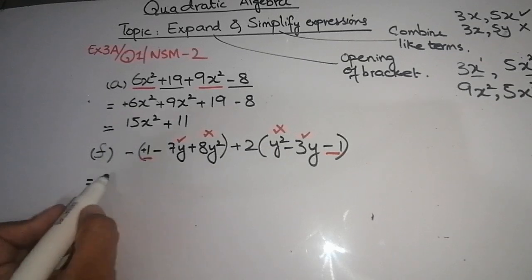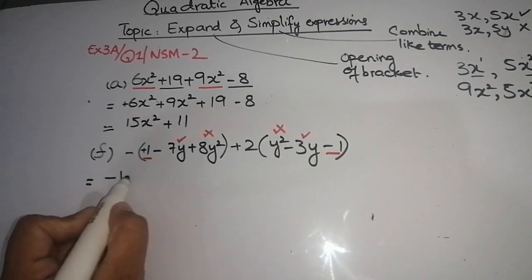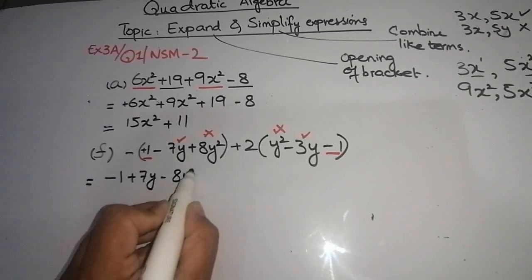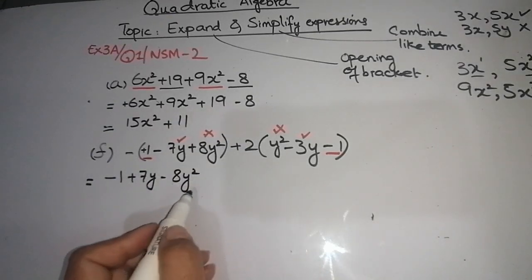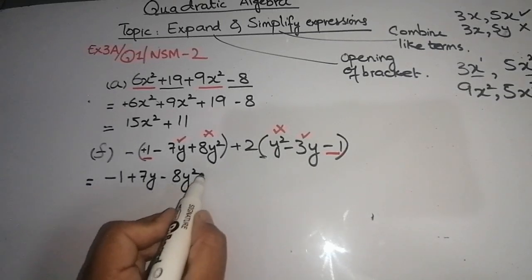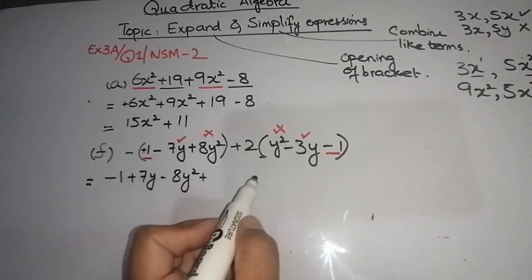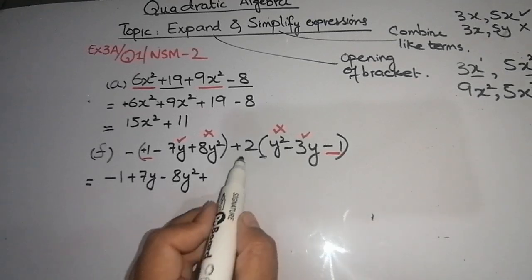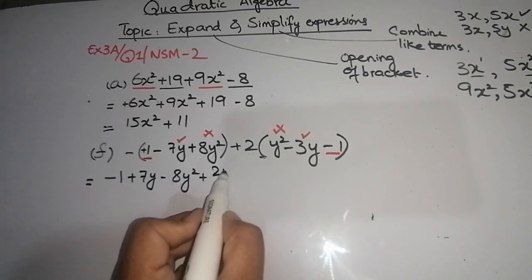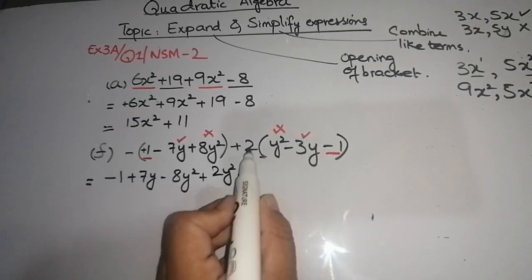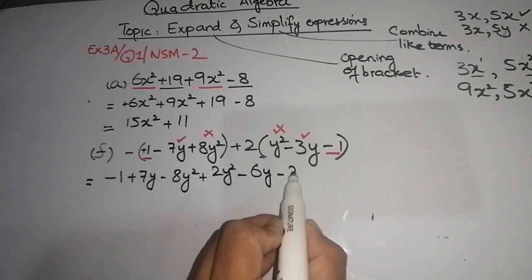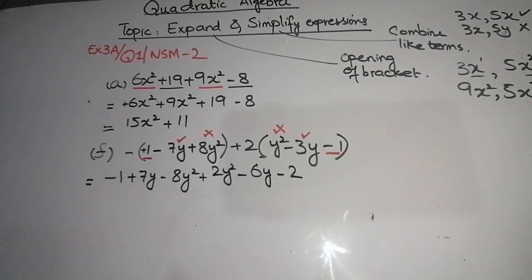So I will flip all the signs. This will be minus 1 plus 7y minus 8y square. Now when we open this bracket, there is only plus 2 outside, so the signs will not be flipped, but this 2 will be multiplied with all the terms inside. So plus 2y square, minus 2 into 3 is 6y, minus 2. This is how you multiply.